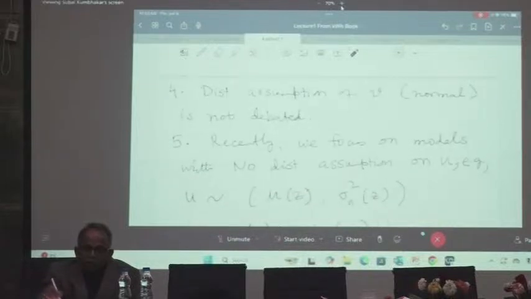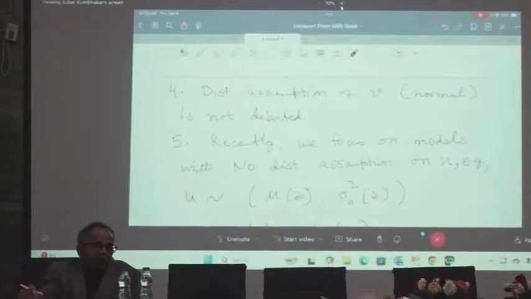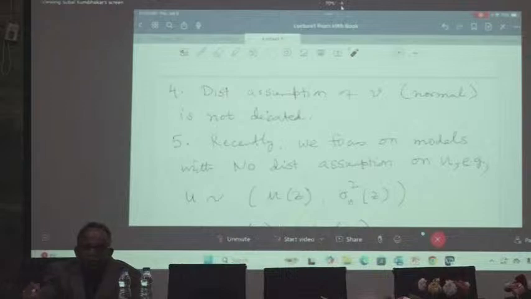So what we are doing in recent years, the last 5 or 10 years, is trying to get rid of the distribution assumption. We are asking whether it is possible to estimate the stochastic frontier model without using any distribution on it, and the answer is yes. All you need is that U has some distribution, but we don't know which.